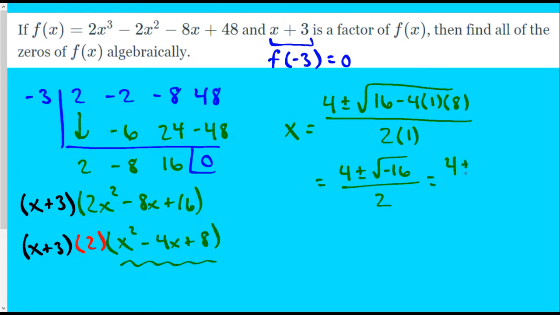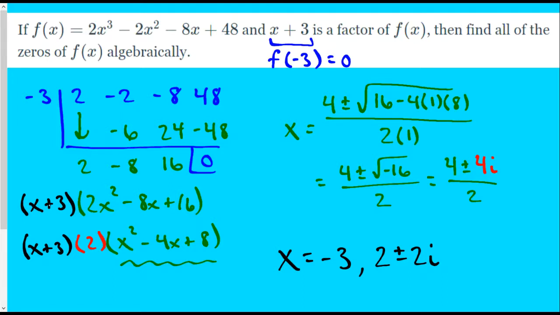So it becomes 4 plus or minus 4i all over 2, which of course can be simplified. So my solutions for all of the zeros algebraically are that x will be equal to negative 3, and then also 2 plus or minus 2i, because half of 4 is 2, half of 4i is 2i, so that's where that comes from.